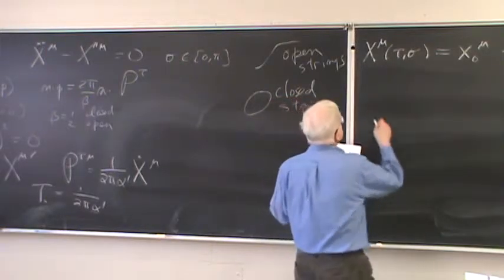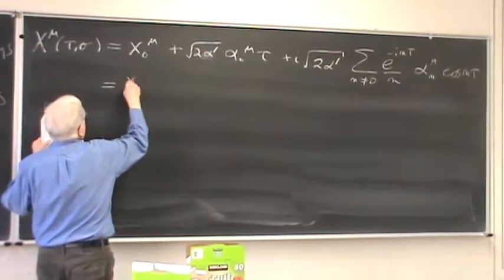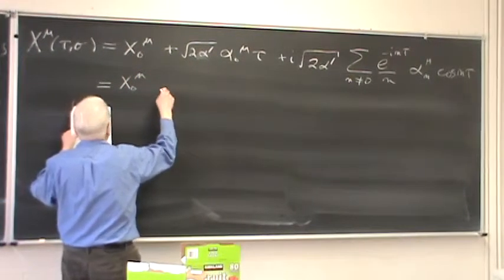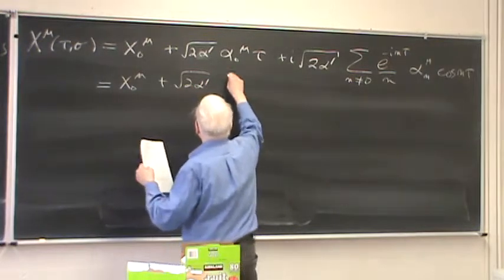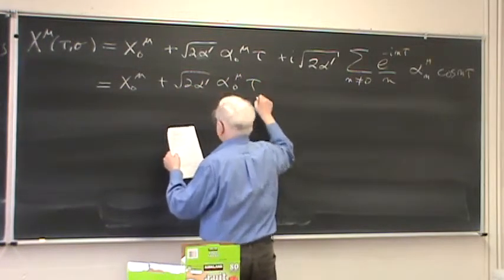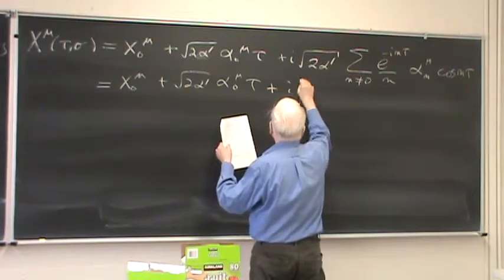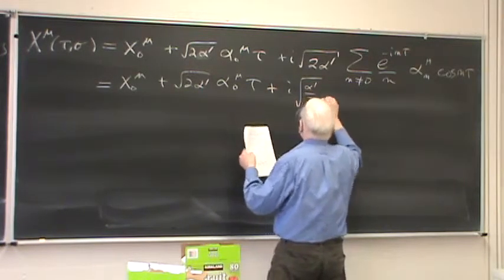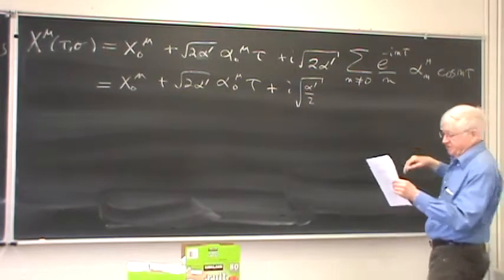The closed strings are kind of similar. They're pretty similar, but there's an essential difference. The 2 is just because we're going from cosine to something else.